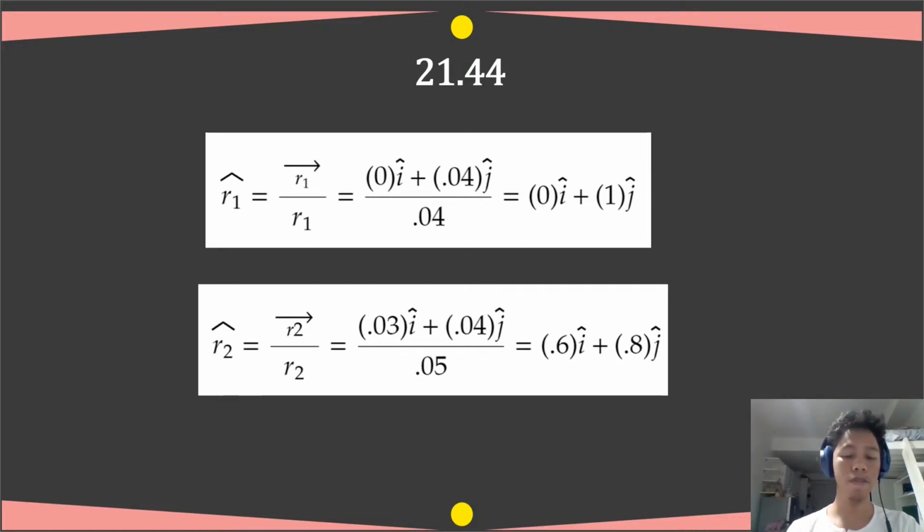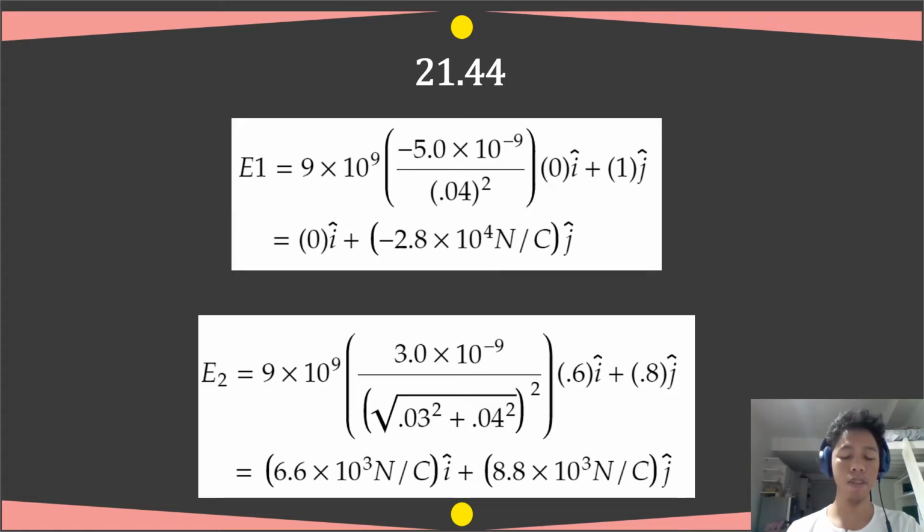For Q1, we use r1 hat, and for Q2, we use r2 hat. For r1 hat, we get 0 i hat plus 1 j hat, and for Q2, we get 0.6 i hat plus 0.8 j hat.